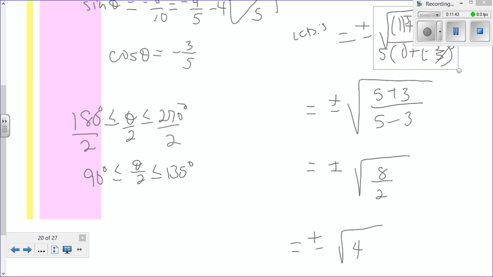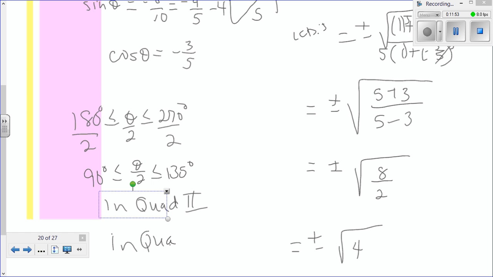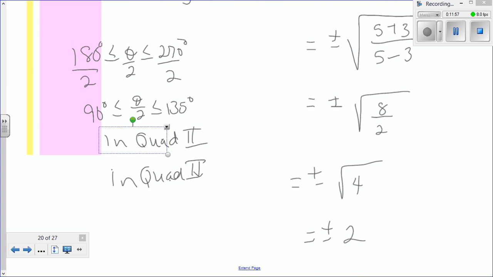So that means I'm in quadrant 2. And in quadrant 2, tan is negative. Therefore, my answer is negative 2.